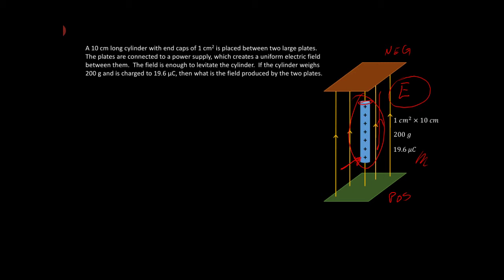So if I've got forces, then I'm going to have a free body diagram. That's one thing I'm going to have. And the free body diagram will give me an equation for stability. And that is going to refer to the forces.